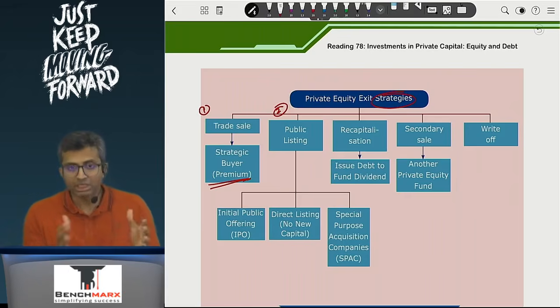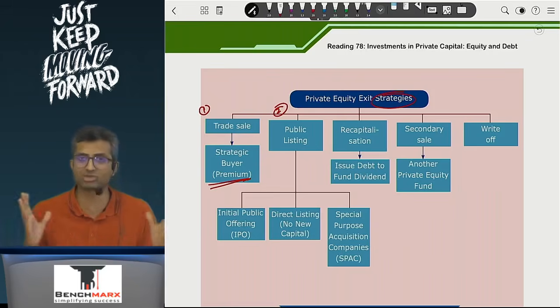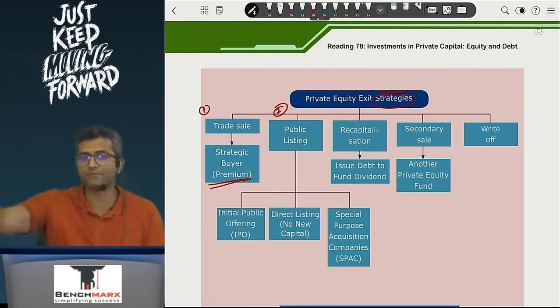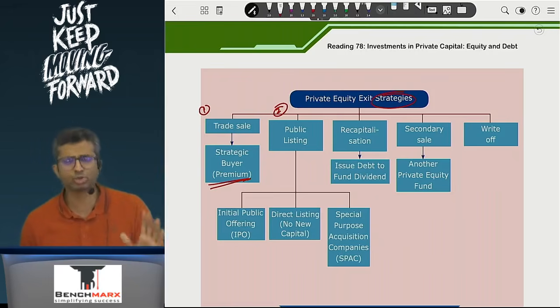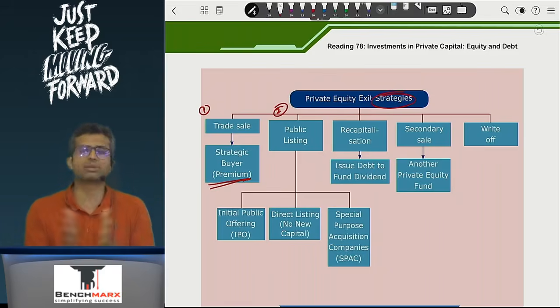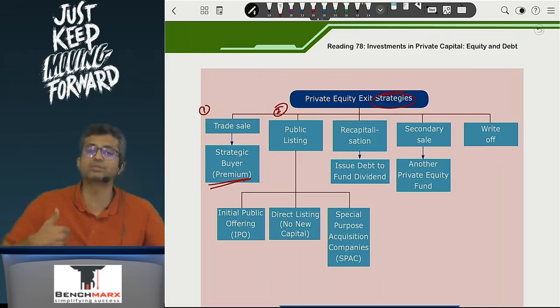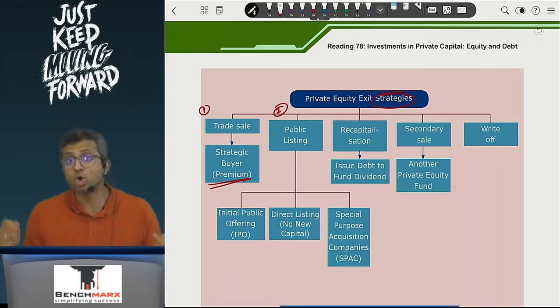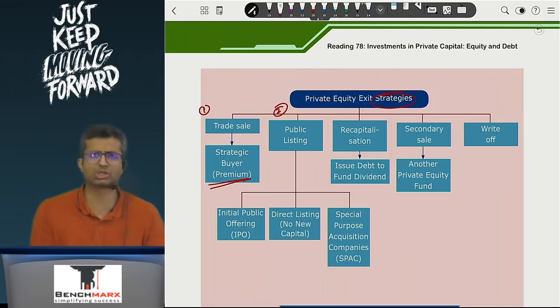The third, which is an emerging route, at least post-COVID, is the SPAC route, special purpose acquisition companies. These are shell companies, blank check companies, which are exclusively formed for the purpose of acquiring another company. Usually these SPACs would acquire private companies and merge them with themselves, and thereby these private companies can get indirectly listed. Say there is a fund manager who has good investment acumen. He sets up a SPAC. He is a sponsor for the SPAC, and this SPAC gets listed. Currently, it is a blank check company, and hence it does not have much compliance.